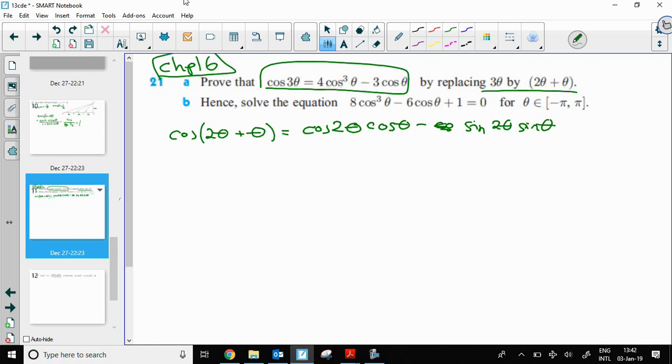I know that this piece over here on the right, sine of 2 theta, is equal to 2 sine theta cosine theta. I'm going to call that 2 sine squared theta cosine theta.